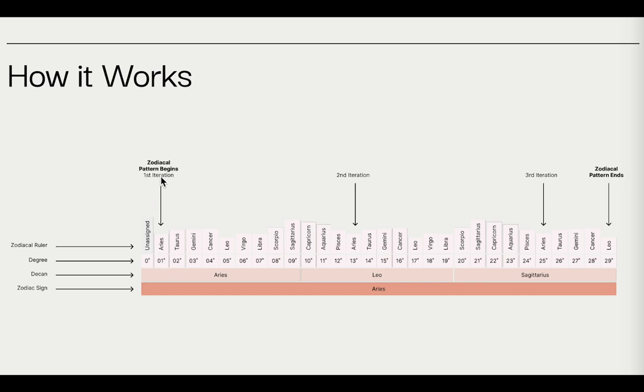And so here, this is the first iteration of the zodiacal pattern. And we see it goes all the way up through Pisces. And the 13th degree starts the zodiacal pattern over again. And so there's a second iteration of the pattern that begins.